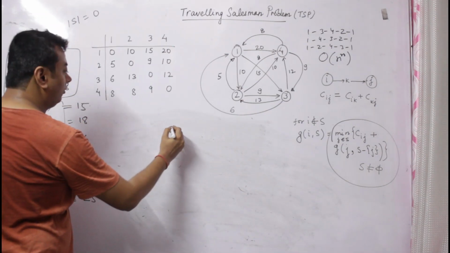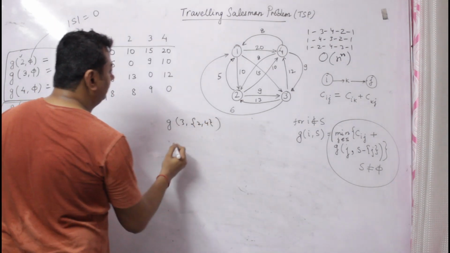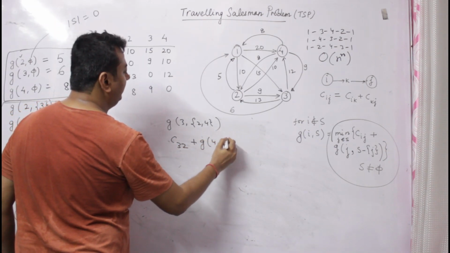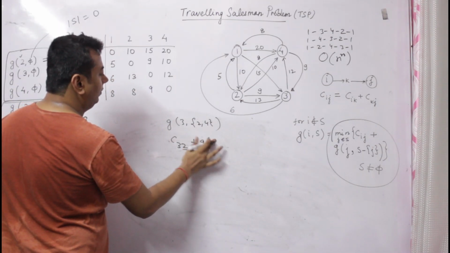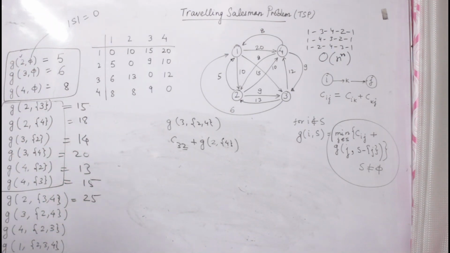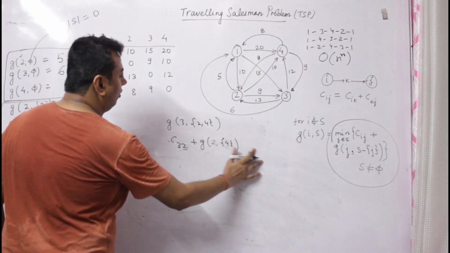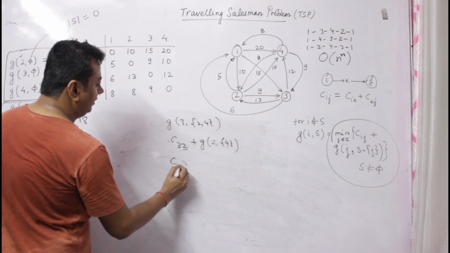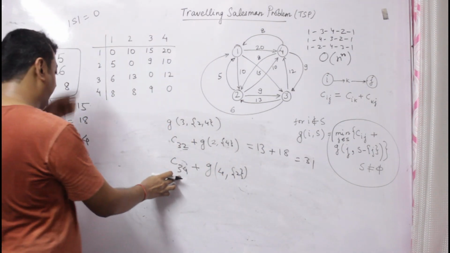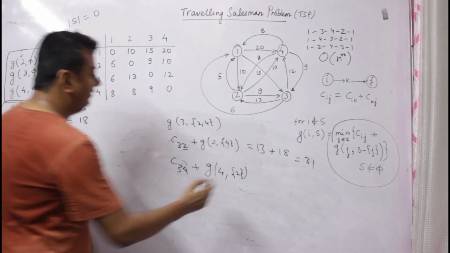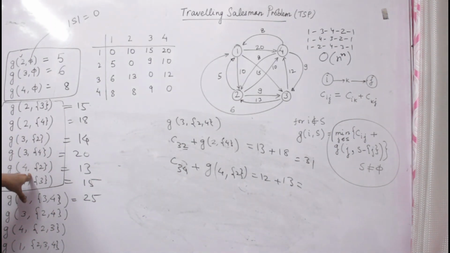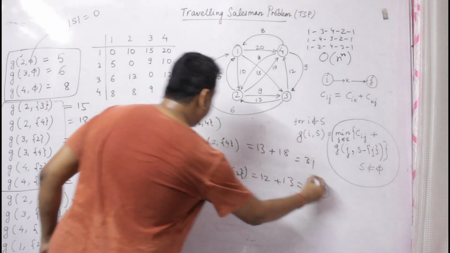We are at node 3 and we have a choice: C32 plus G of (2, {4}), or C34 plus G(4, {2}). C34 is 12 plus G(4, {2}), which we look up in this table, is 13. That gives 25, which is the minimum one.